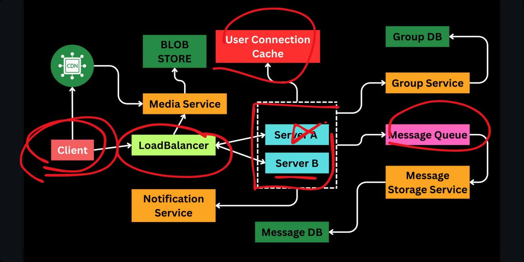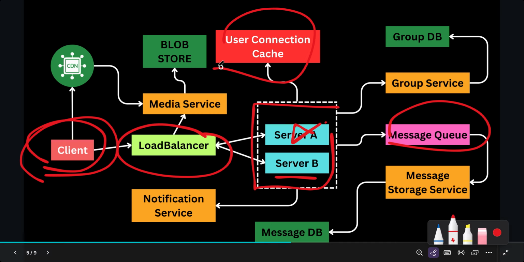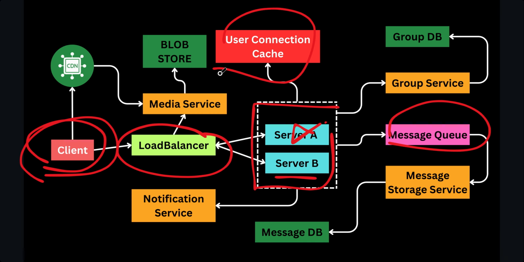What next do we talk about when we have a server failure? I guess the user connection cache, because this is crucial for routing. Since we're using a centralized connection state like Redis, the connection cache is basically Redis, a high-speed distributed cache that stores which users are connected to which servers.